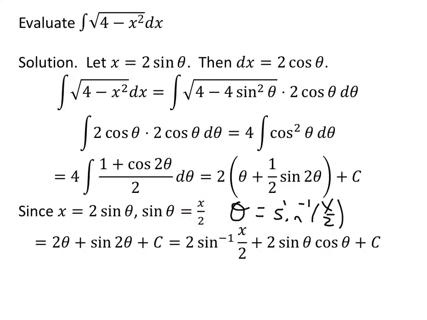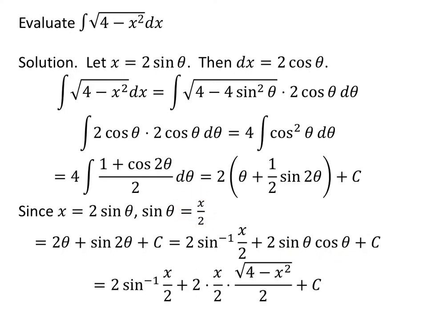It's x over 2, and if you look at that triangle, it looks something like this. There's theta, there's x, there's 2, there's the square root of 4 minus x squared. So the cosine is square root of 4 minus x squared over 2, adjacent over hypotenuse. So there's 2, there's the sine of theta, there's the cosine of theta.